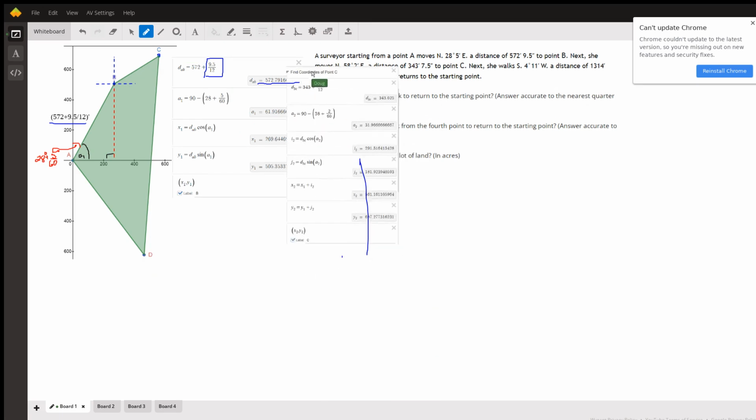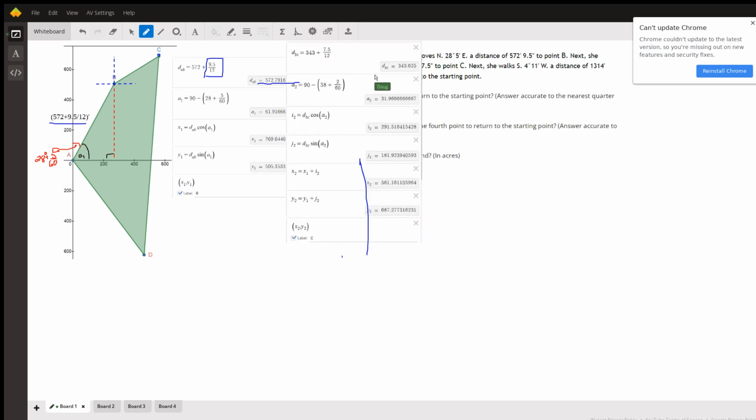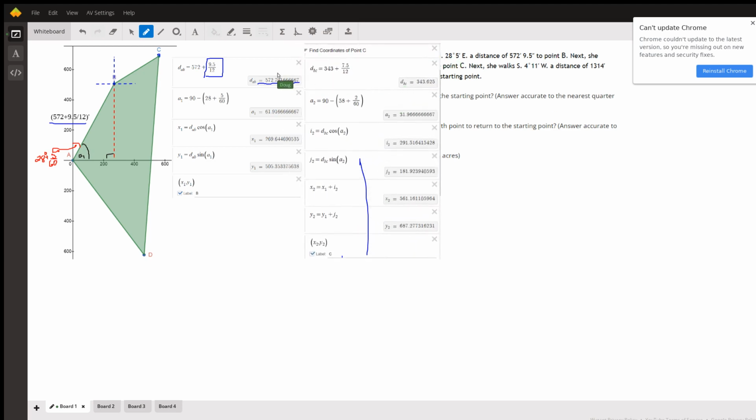So here is a table where I show how to find the coordinates of point C. And this distance right here is 343.625.